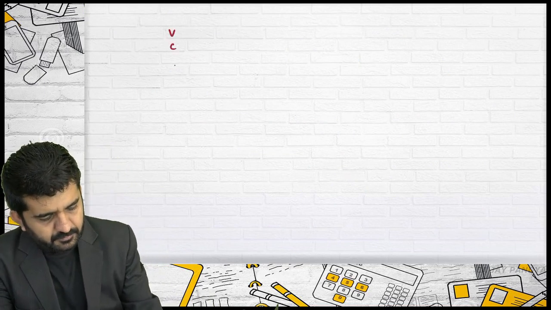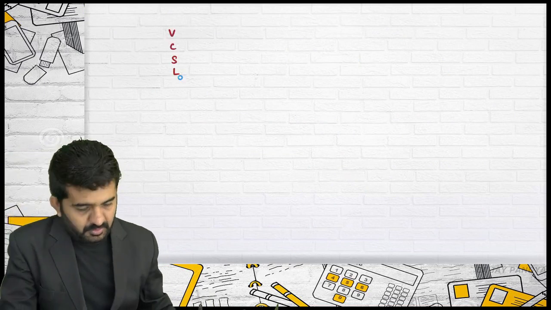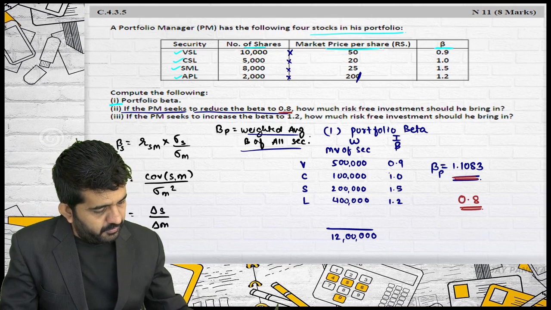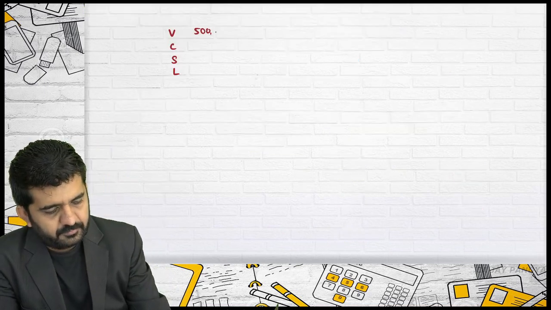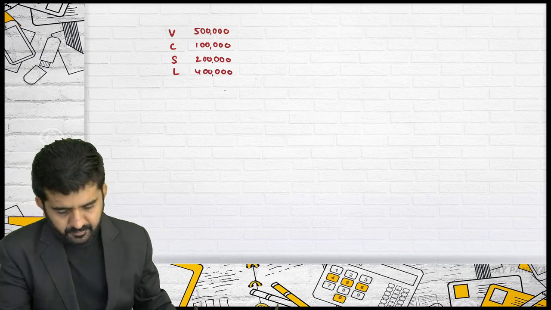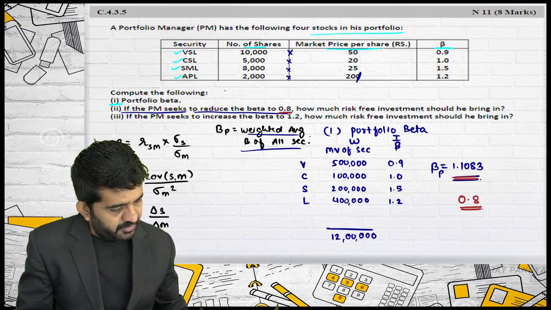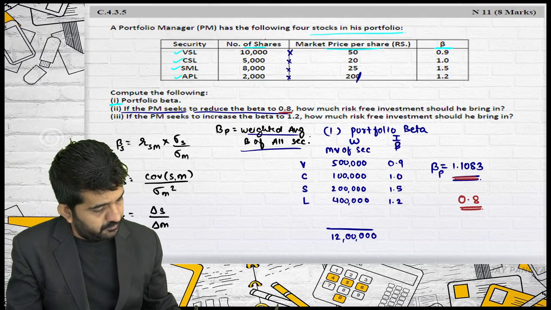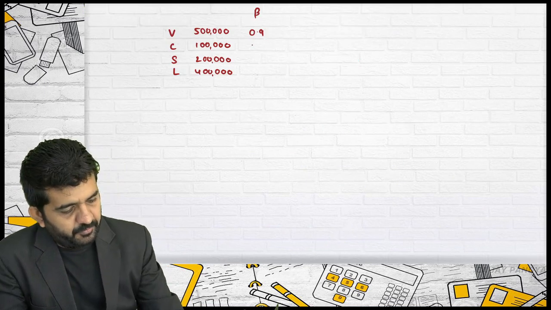V, C, S, L: 5 lakh, 1 lakh, 2 lakh, 4 lakh. Beta is 0.9, 1, 1.5, 1.2.